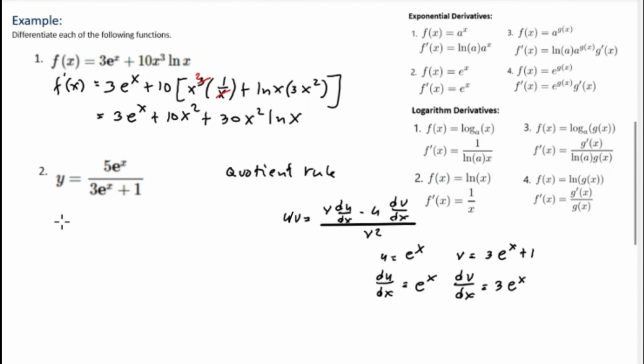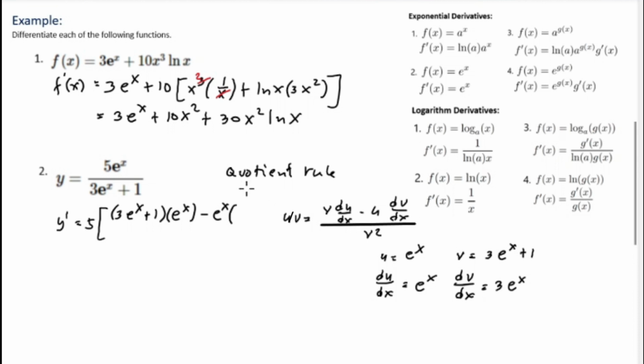So now we differentiate. So y prime, we copy the constant 5, and using the quotient rule, we have e^x all over 3 times e^x plus 1, and using the quotient rule, v is equal to (3 times e^x plus 1), and we multiply by the derivative of u, which is e^x, minus u, which is e^x, and what is the derivative of v?